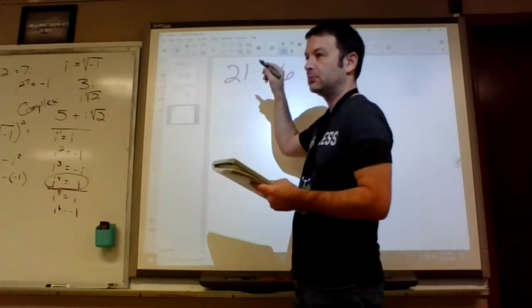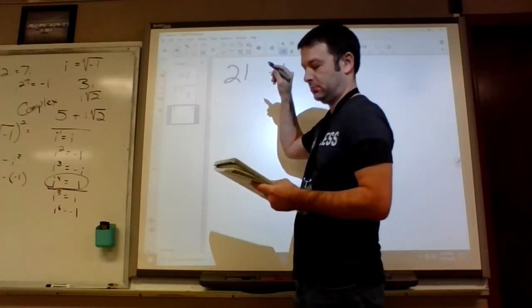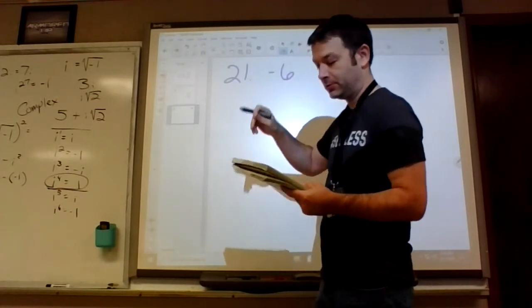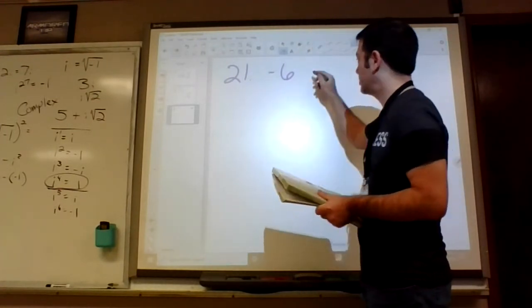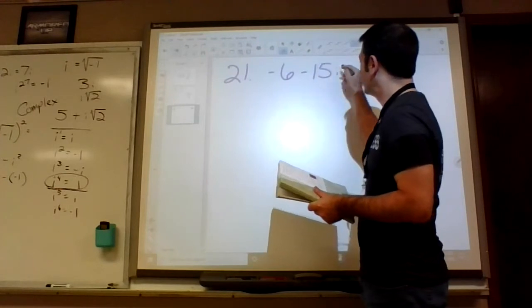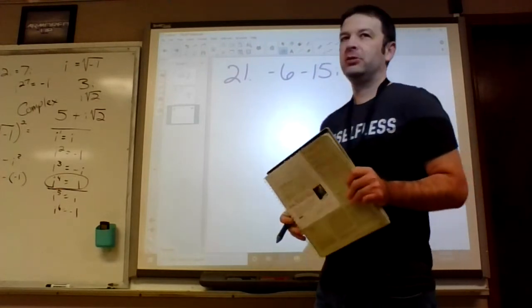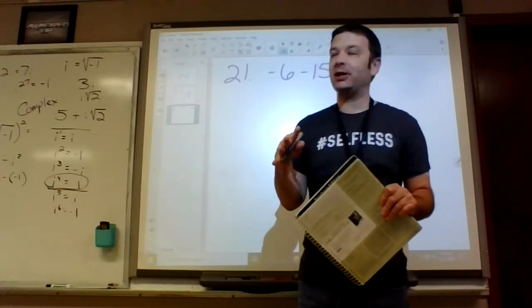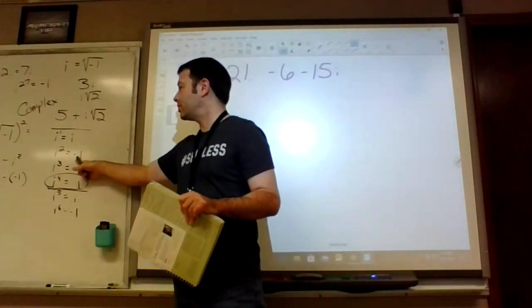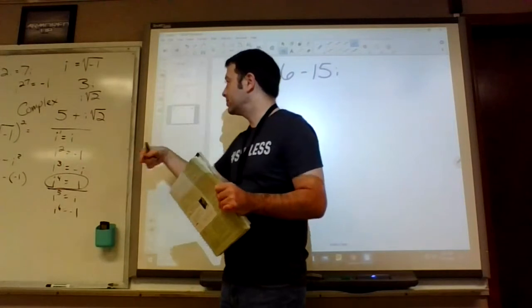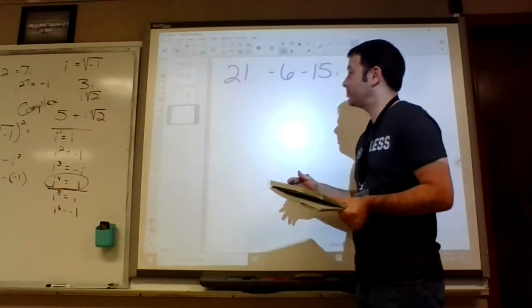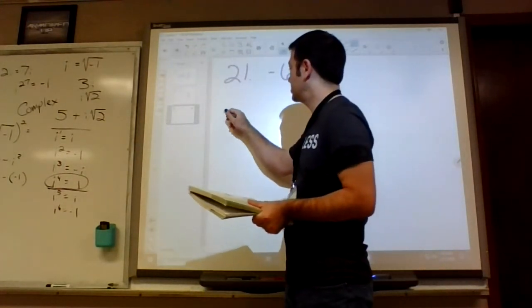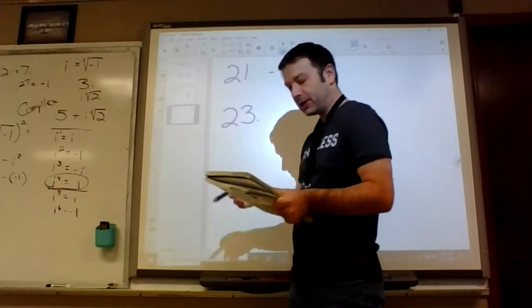Can you just multiply with that? Yep, just treat i like a variable. The one time you can't treat i like a variable is when you do i times i, because then it turns into negative 1. But for normal things like adding, subtracting, multiplying, usually you can pretend it's like an x.